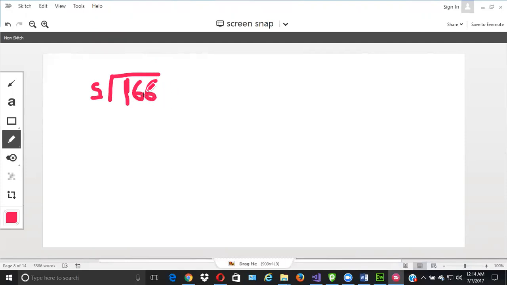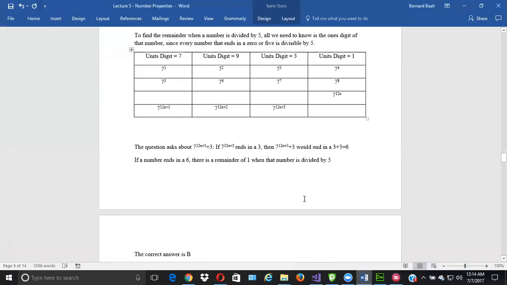So any number that ends in a 6 is 1 greater than a multiple of 5, so I'll get a remainder of 1 if I were to do the division. I'm just not going to do it out, but you can see that you'd end up with a remainder of 1. So any number that ends in a 6, if you divide by 5, you get a remainder of 1. So that's the answer to your question. The answer here is B.